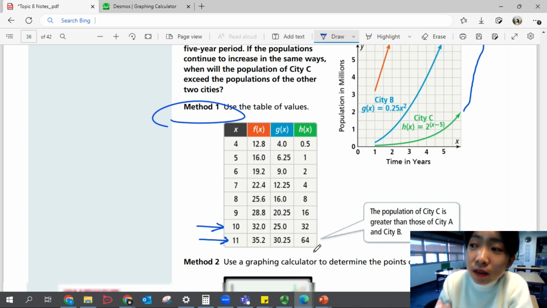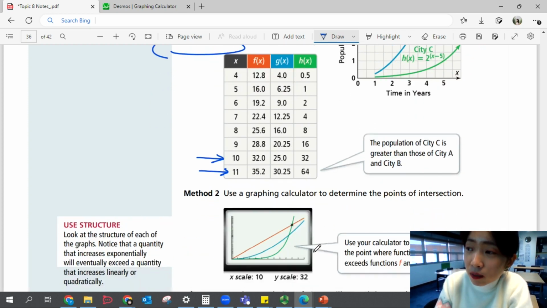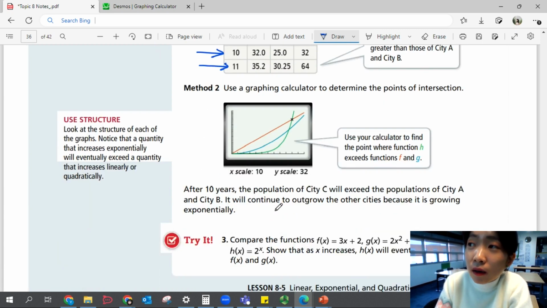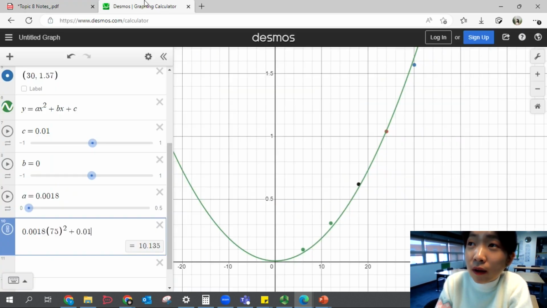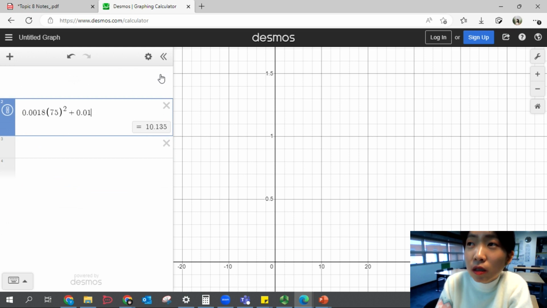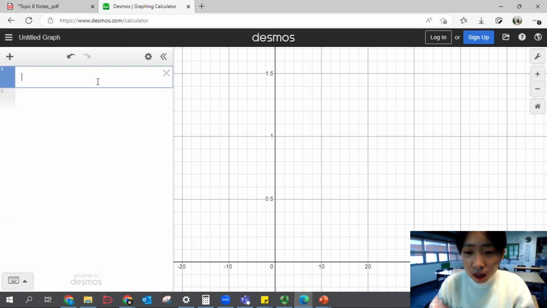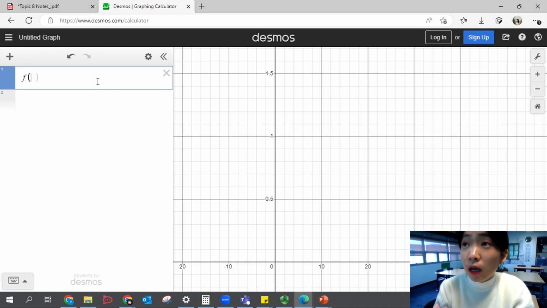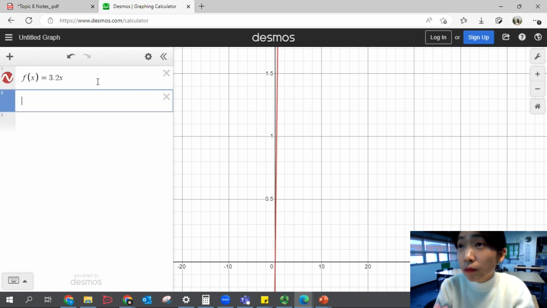Method 2, you're going to use a graphing calculator to determine the points of intersection. Basically, you plug in the functions into a graphing calculator. Let me erase all that. And then you just plug in the functions into it. So city A is going to be f of x equals 3.2x.